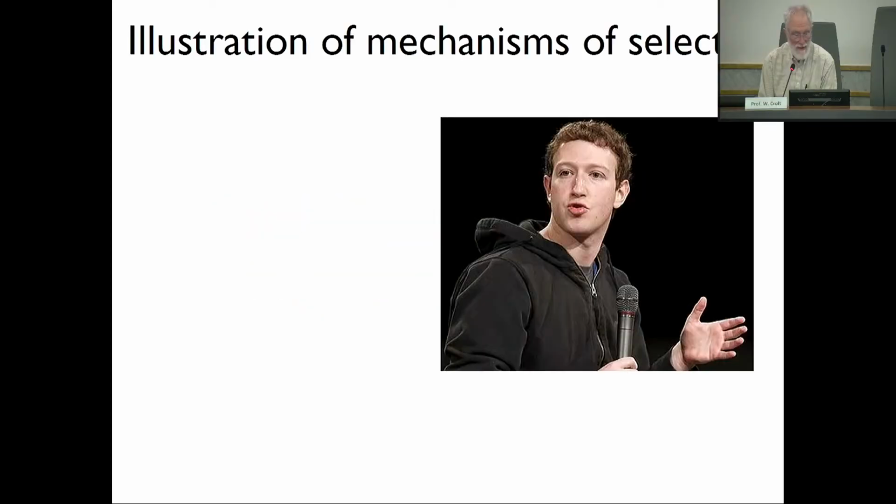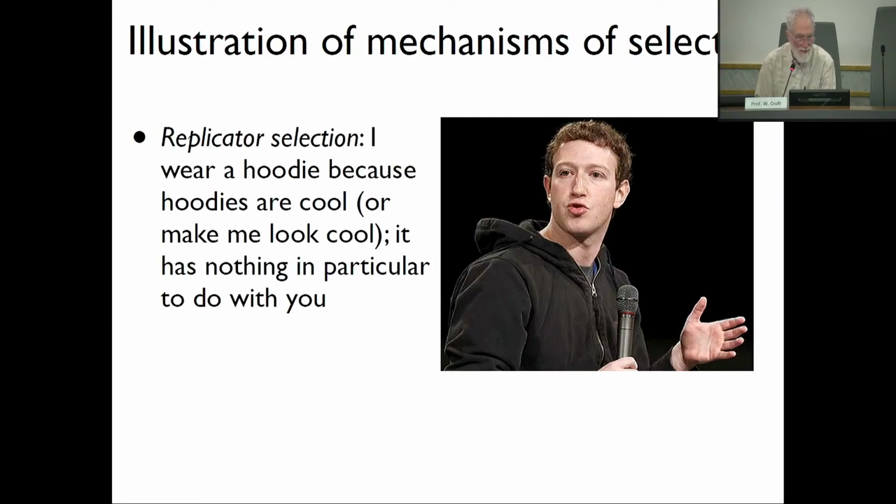So if I can introduce to you our model in a little more detail, but I'll illustrate them first. So imagine wearing a hoodie as a social behavior, so not a linguistic example, and someone who is familiar to you. This is from a long time ago, back when not everybody thought Facebook was a bad idea.